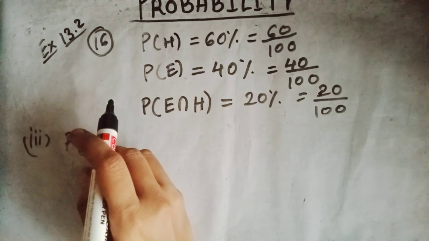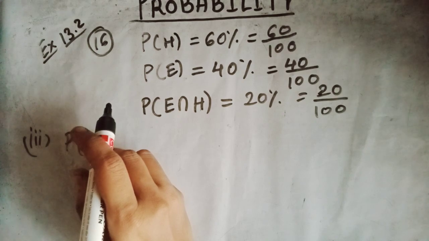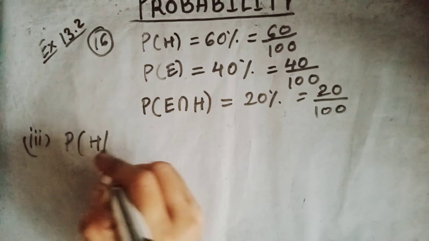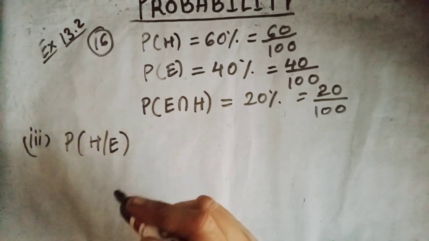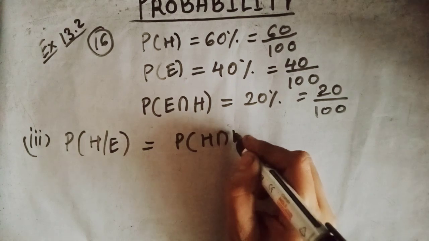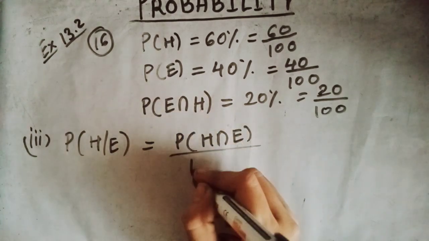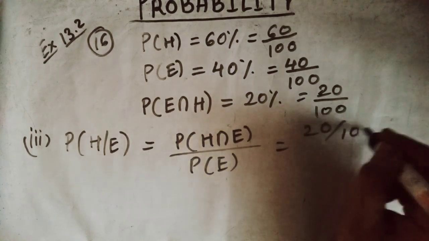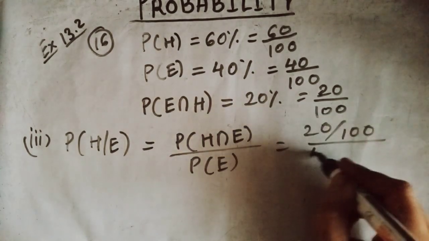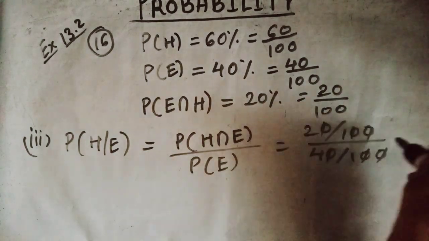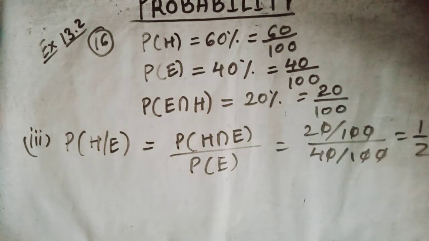English she has read already and Hindi she is reading. So you have to find the probability of Hindi when English has already happened. Conditional, so P of H intersection E upon P of E. So 20 by 100 divided by E, which is 40 by 100. So it is 1 by 2, half.